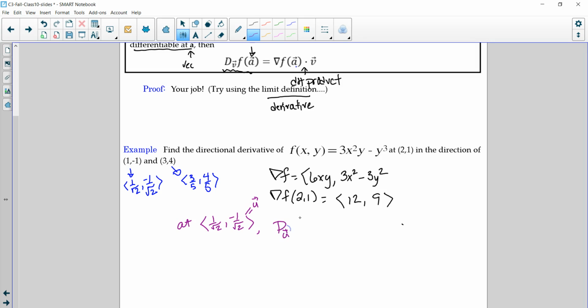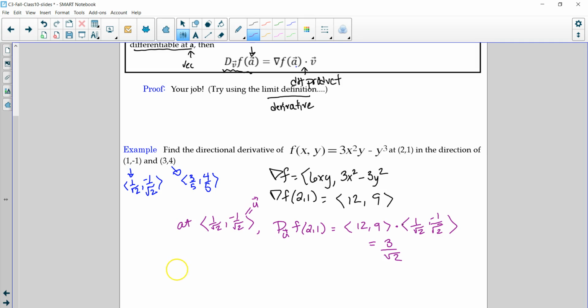The directional derivative in the direction of u of f at 2, 1 is just going to be 12, comma 9 dotted with 1 over root 2, negative 1 over root 2. If this simplifies, I believe I get just 3 over root 2, which if you need to rationalize, feel free to.